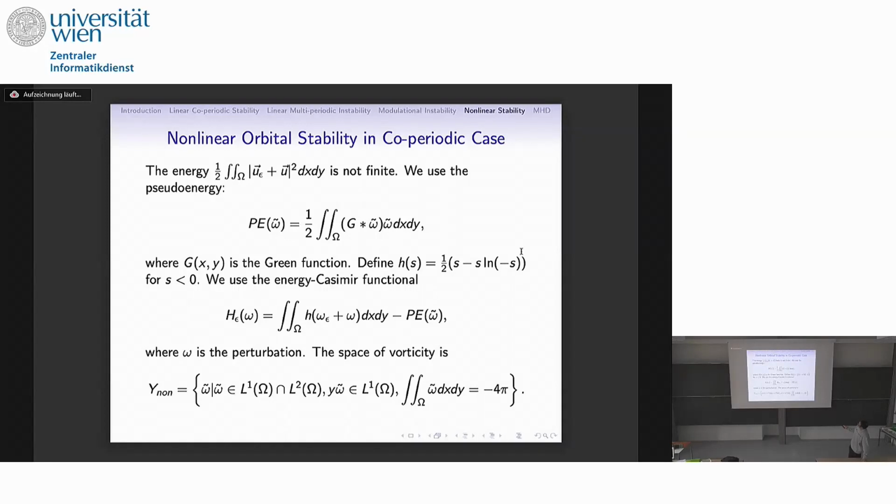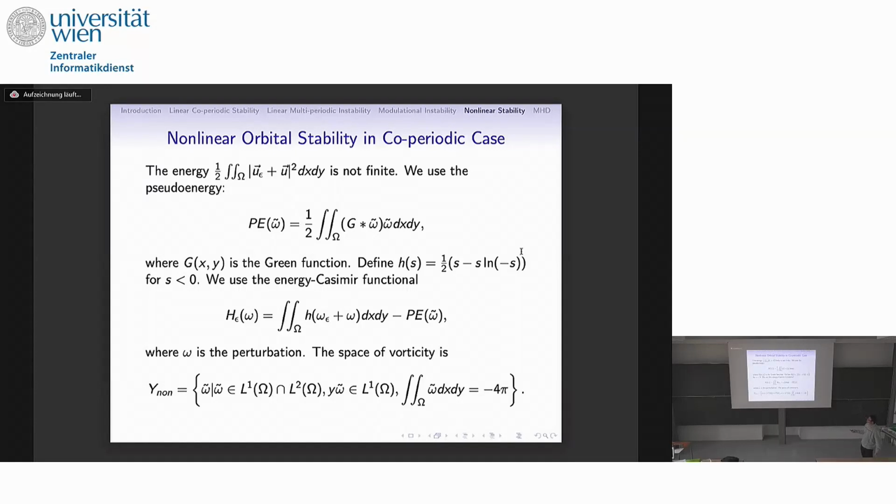It's the convolution of the vorticity perturbation with this Green function, then multiplied by the vorticity, and then you do the integral. So this thing is going to be finite. This is the pseudo energy. So our energy Casimir function has these two terms.